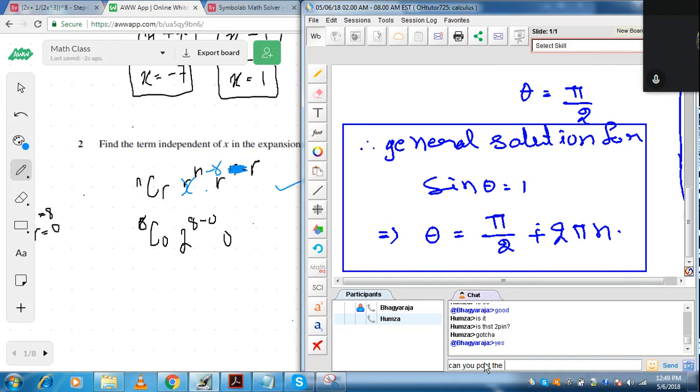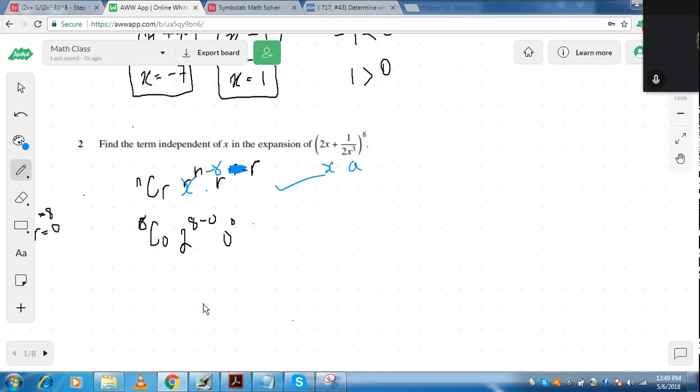And they are asking for the independent of x term. So on which term will you get the independent of x? If you are getting that, then our problem is completed, done. Like in the question they are asking about the independent of x term, right?